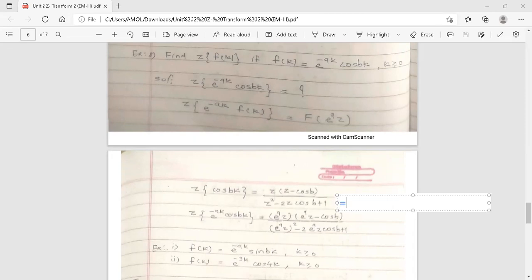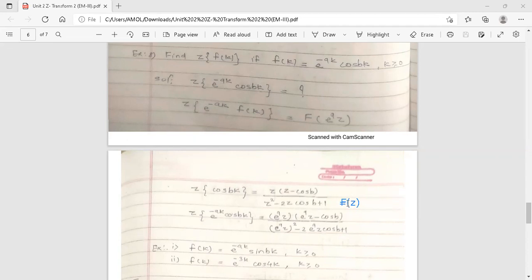This term, the Z transform of cos bk, is nothing but your F of z.